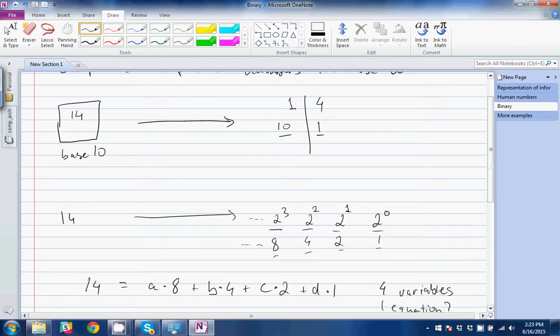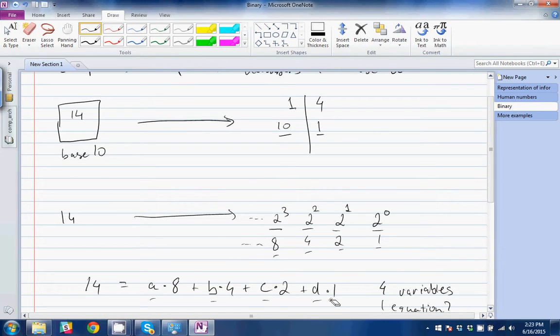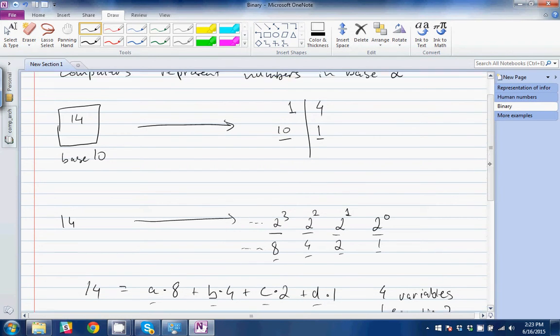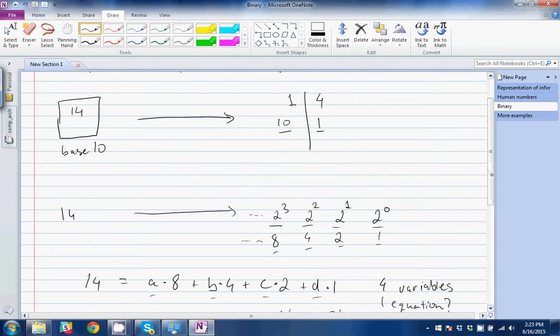Basically we want to find an A, B, C, and D in this equation: some number of 8s, some number of 4s, some number of 2s, and some number of 1s will eventually give us the number 14. But how many? This is pretty confusing. We have 4 variables in one equation, and that's not really possible to solve. However, there's something that makes this equation easy with the fact that it's base 2.